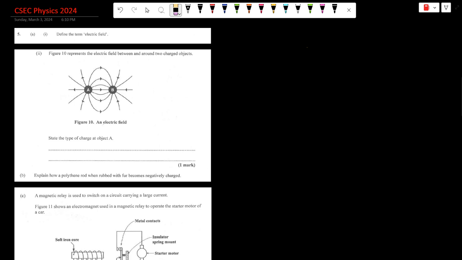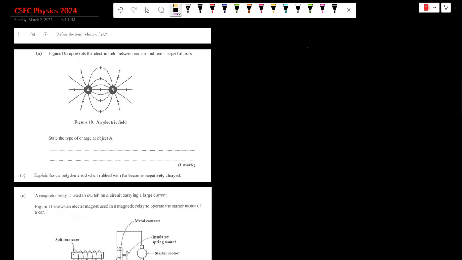The word relay has a similar meaning in these situations. So let's explain what happens here. When the switch is closed, a current flows in this external circuit. This is the positive terminal of the battery, and therefore the conventional current I flows in that direction.